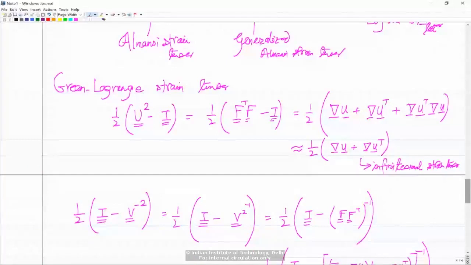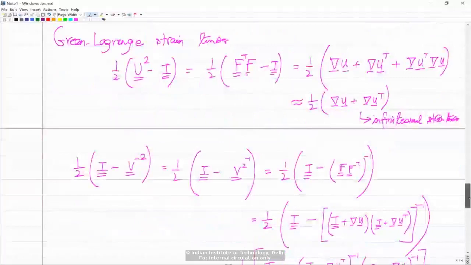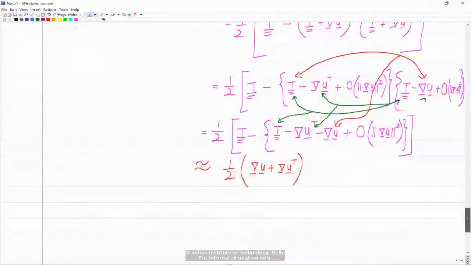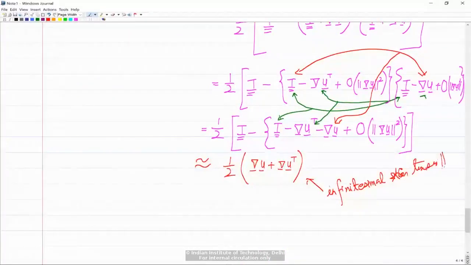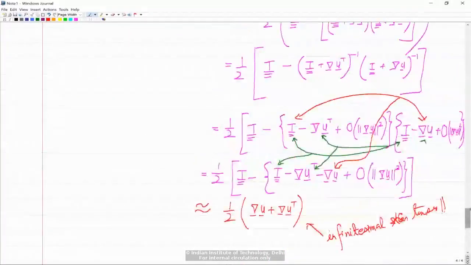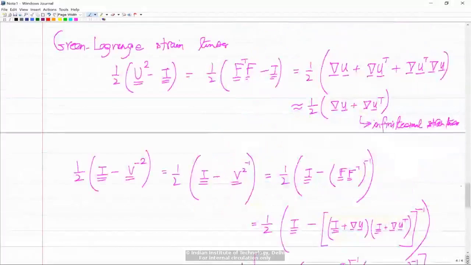They all give you the same infinitesimal strain tensor that we have used in undergraduate class. So we get back the infinitesimal strain tensor. You can show it for other measures of strains also.